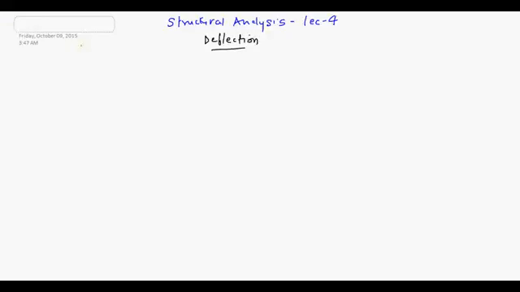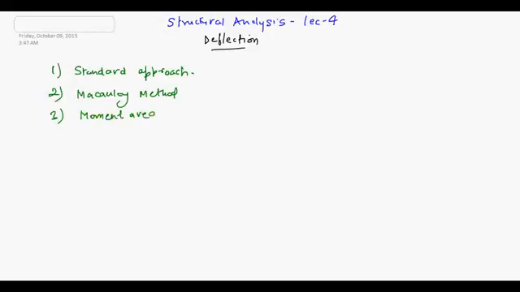So what are the methods? The first one is your standard approach. Then you will have Macaulay's method, I don't know the spelling. Third is moment area method.